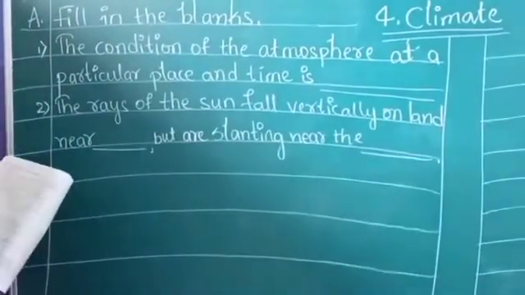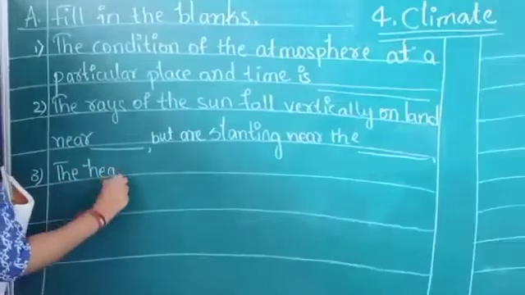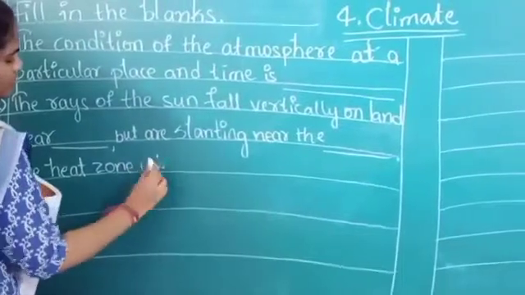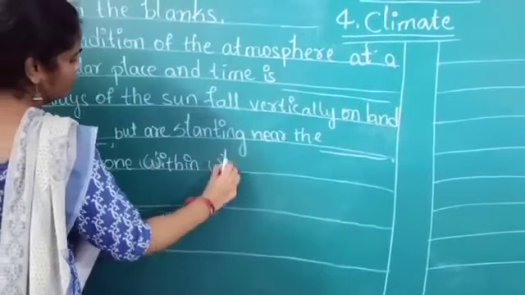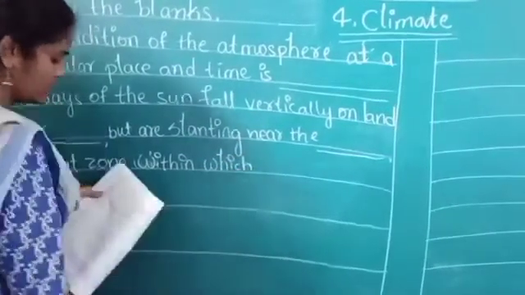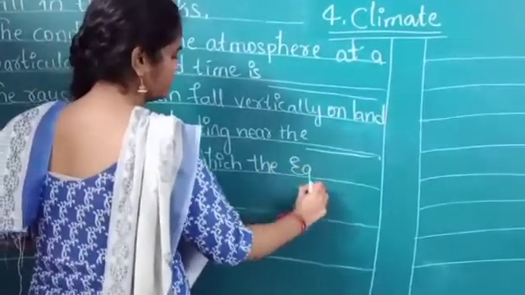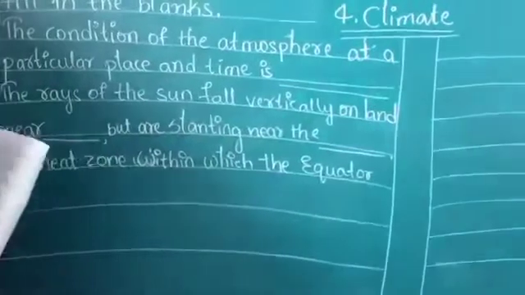Third one, the heat zone within which the equator lies is the dash zone.